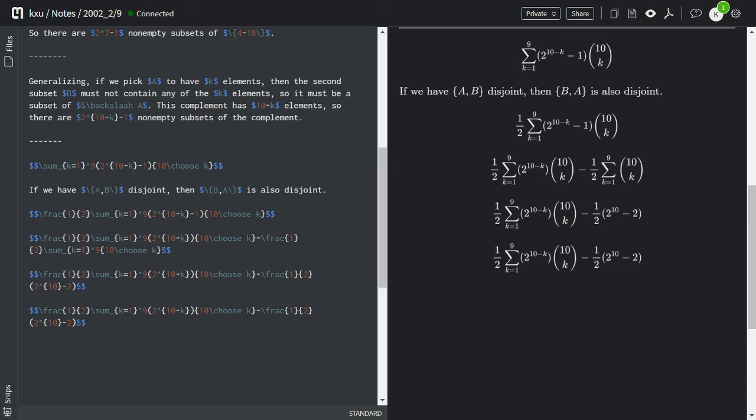Okay, so can we simplify this? To me, it kind of looks like the binomial expansion because you have the binomial coefficient and the product of an exponent. But what exactly would that look like? Okay, so you have the 10 choose k, the summation, and the exponent. So if this was a binomial expansion, it would be a power of 10, and you would have a 2 as a term.